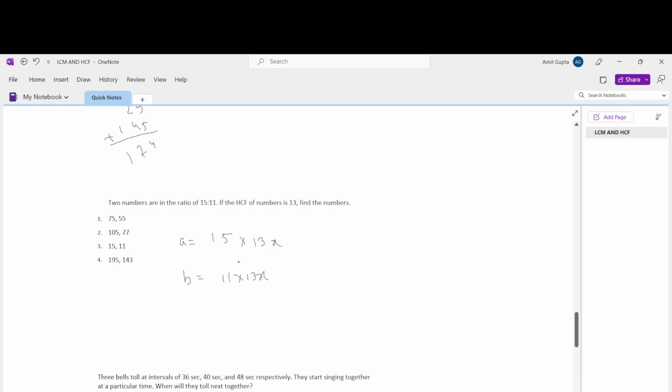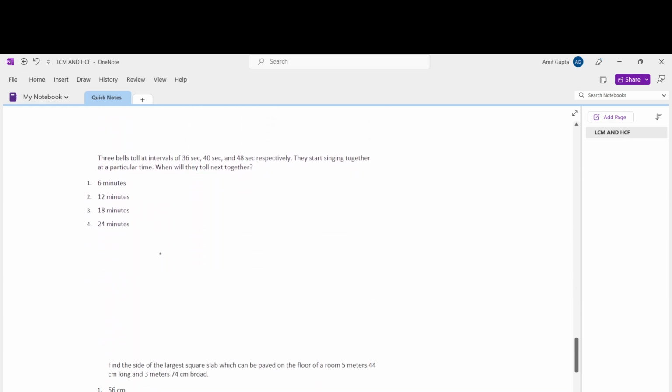Since we are told that 13 is the highest common factor of A and B, the value of x will be 1. So for A, 13 times 5 is 65, carry 6, 13 times 1 is 13, plus 6 is 19, so 195. For B, 13 times 11 is 143. So we have our numbers, A is 195 and B is 143. So the answer we get here is option 4.